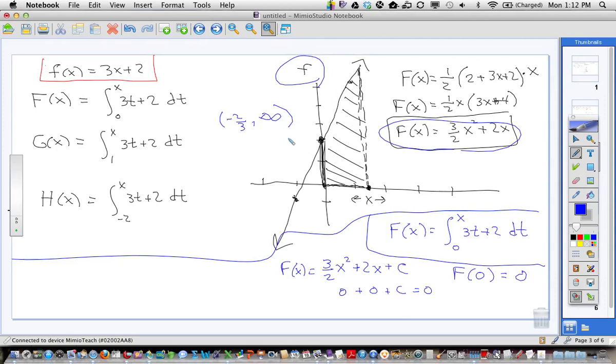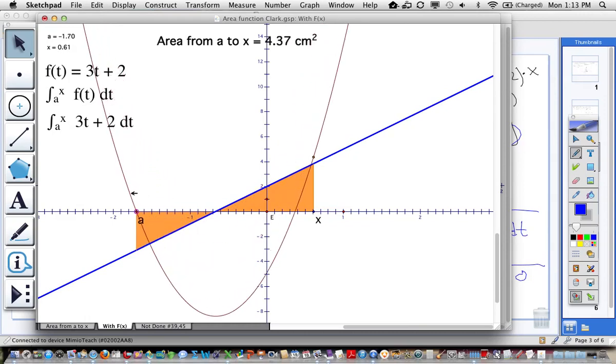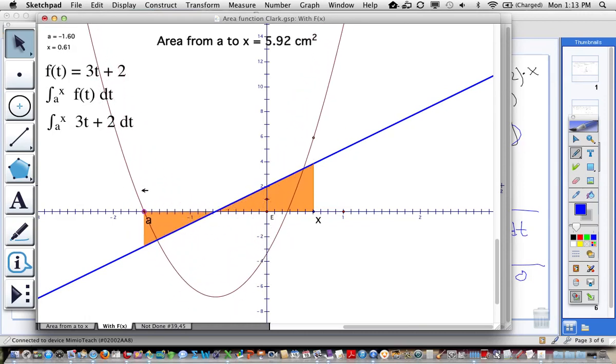Remember, big F, big G, and big H were just vertical shifts of one another. So they're increasing from the same point. If we go back to this picture right here, here's negative 2/3 right here. Look what happens when we move this left endpoint. Does that change where the parabola is increasing or decreasing? No, it's increasing from negative 2/3 to infinity.